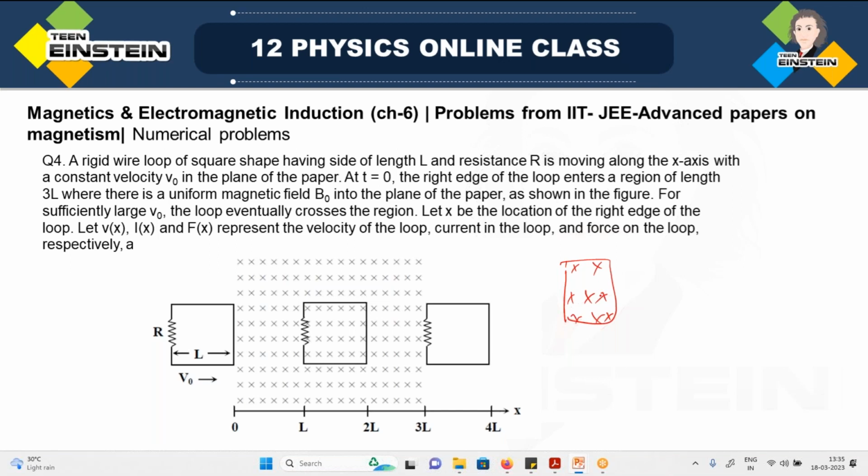Now if the magnetic field, velocity, or length, BVL is the motional EMF, any one of these three parameters has to change so that there will be induction. Otherwise there will be no induced EMF and no current as well. So we'll divide into regions 0 to L, L to 3L, and 3L to 4L.